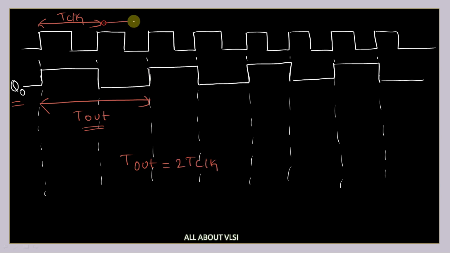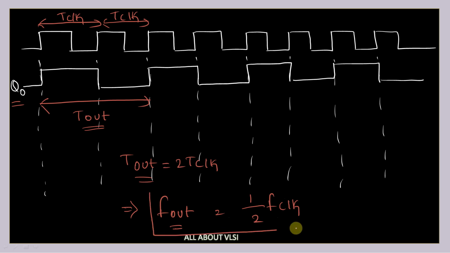Here you can see 2 times T clock; if you add, then you're going to get T out. If you convert it into frequency, frequency is nothing but 1 by T. So F out, the output frequency, is nothing but 1 by 2 times the frequency of the clock. So that's why it is frequency division by 2.